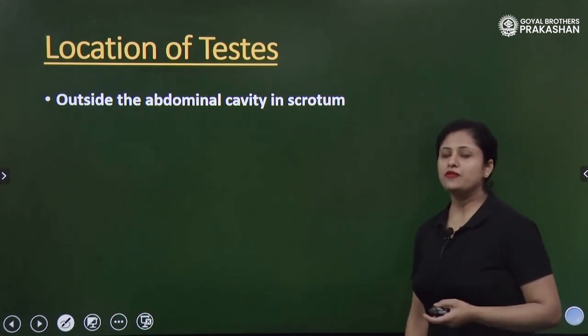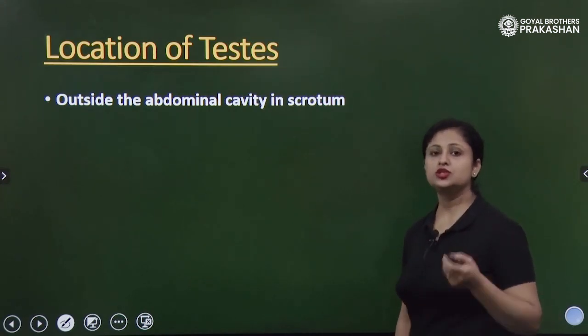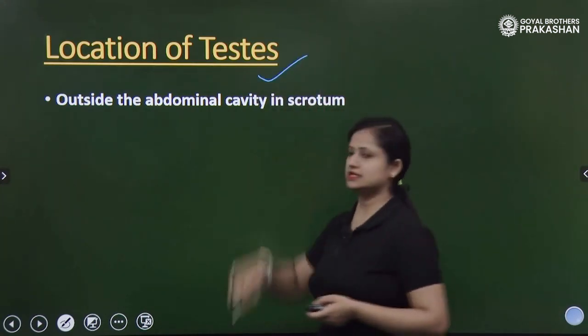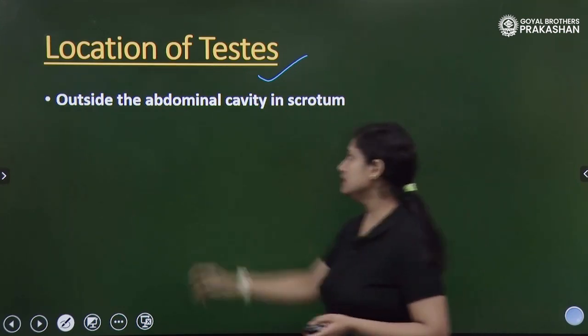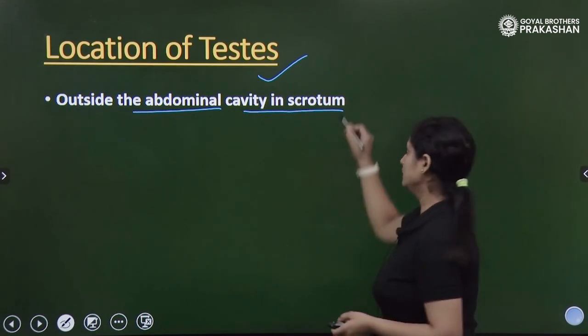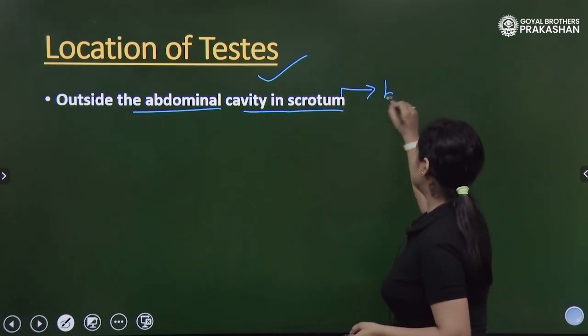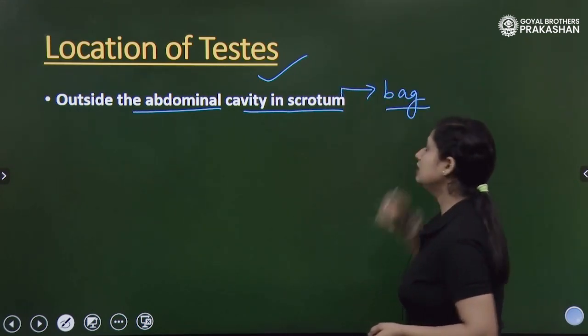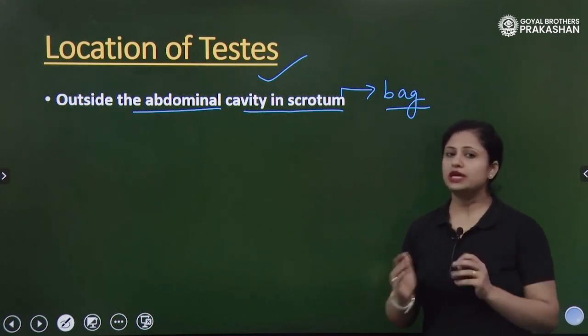Now, before moving ahead, it's important to know about the location of testes. So, testes are located outside the abdominal cavity in scrotum. So, basically, scrotum is a bag or pouch-like structure in which testes are located.